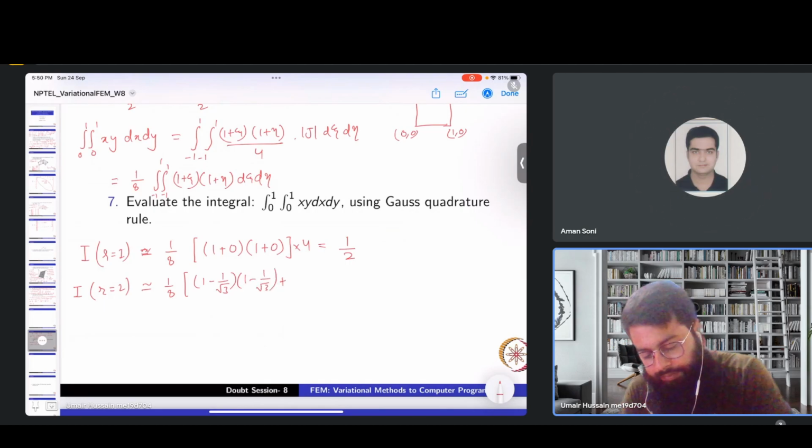Weight function is 1. Plus 1 by root 3 and minus 1 by root 3, and minus 1 by root 3 is cancelled. 1 by root 3, 1 plus 1 by root 3 and minus 1 by root 3.